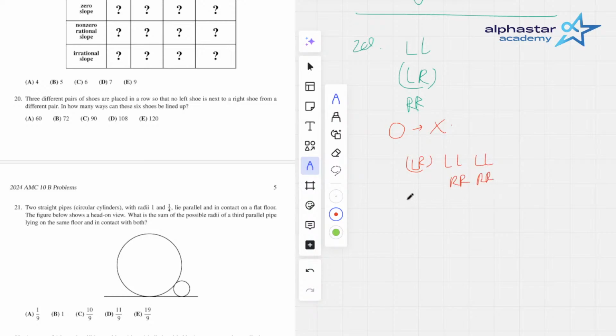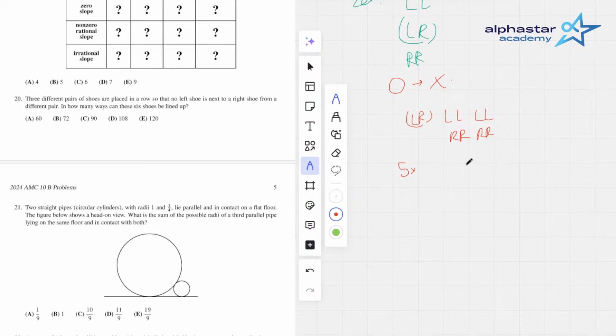This one has 5 ways to pick the pair multiplied by 3. I don't know why I said 5, sorry. So it's either one or all of them. So left, left, and right. In that case, there's just 3 ways to pair them.